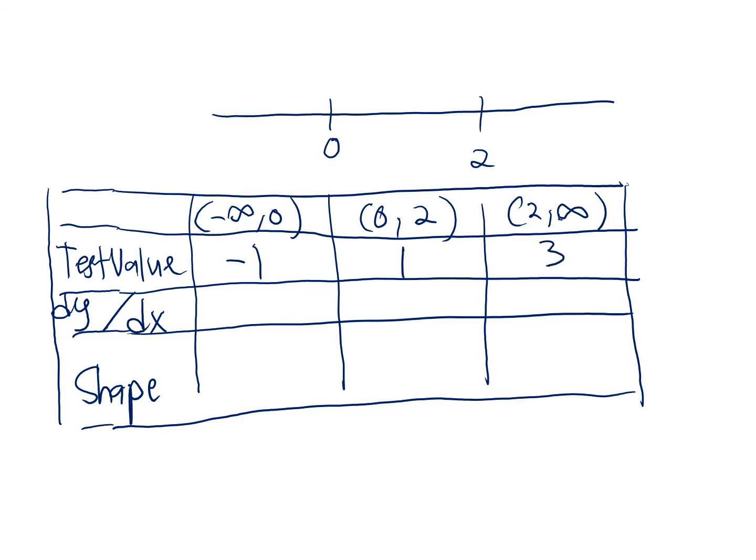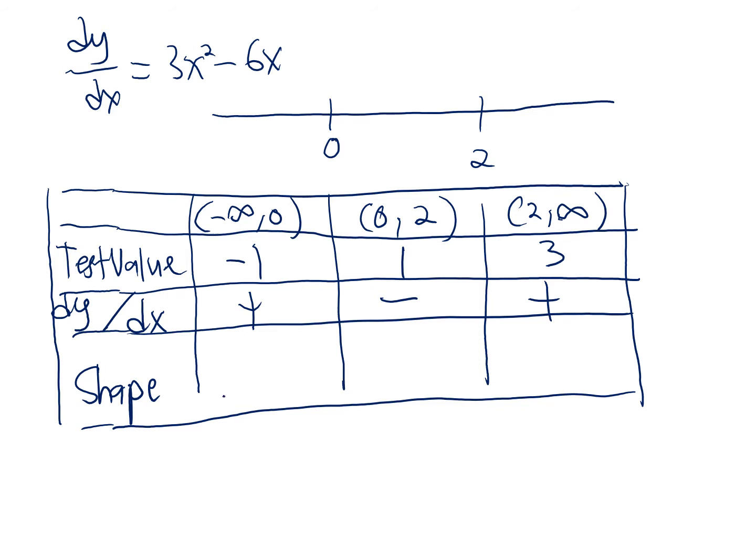So we substitute this value into our dy dx, which is 3x squared minus 6x. Substituting negative 1 into dy dx, we will have a positive sign, while substituting 1, we will have negative, and substituting 3, we will have positive. What is the shape for positive?